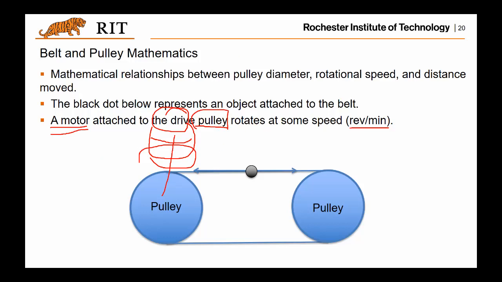But there could be some gear system. For example, if the motor is not directly attached to the pulley, and instead it is attached to a gear system, and then the gear is attached to the pulley, and this is the pulley, and this is connected to the motor. Then you probably need to utilize the gear ratio. There's a gear ratio for the gear system.